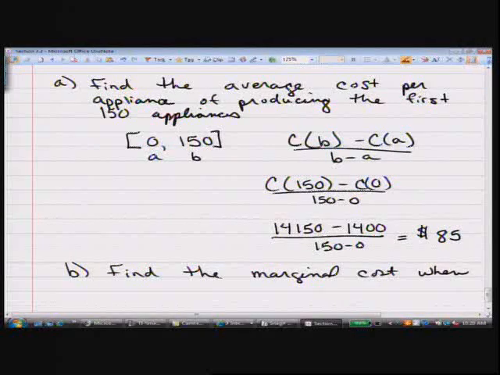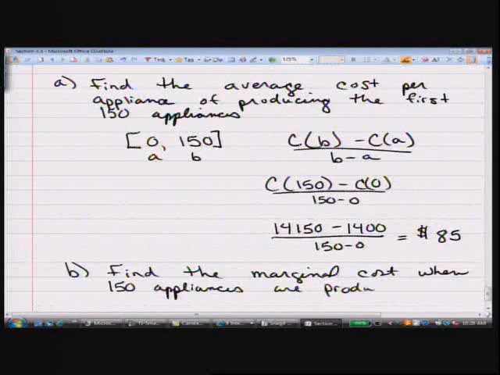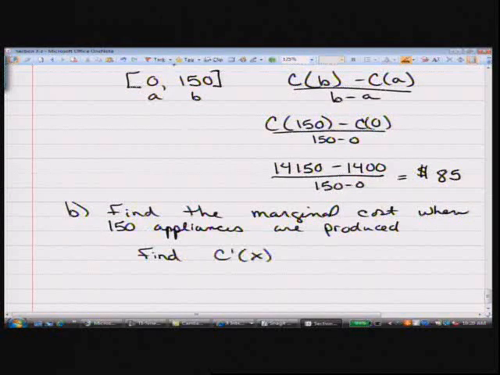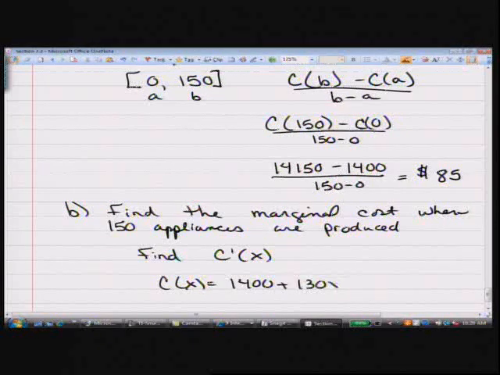Okay, so we want to find c prime of x. So that's your derivative. C of x was given to be 1,400 plus 130x minus 0.3x squared.